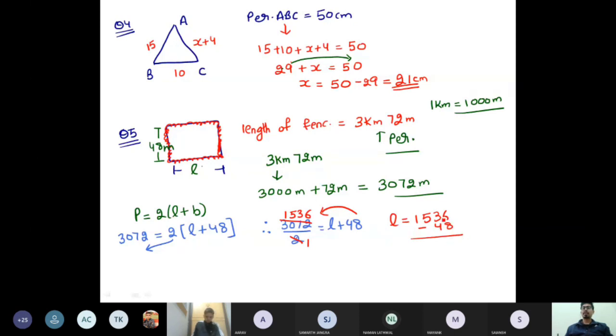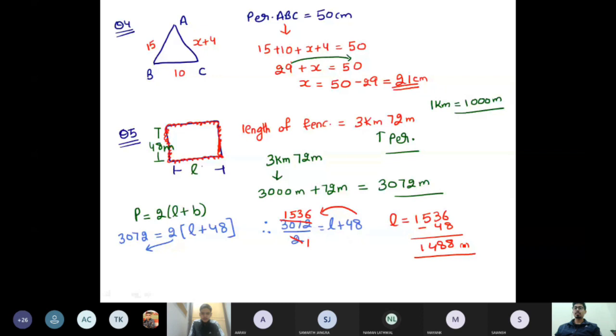If we subtract it, what will we get? Here I will get 8. What will be the answer, students, if we subtract them? Sir, 1488. Yes, 1488.